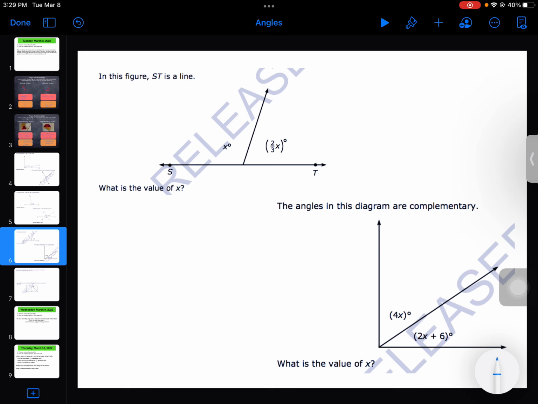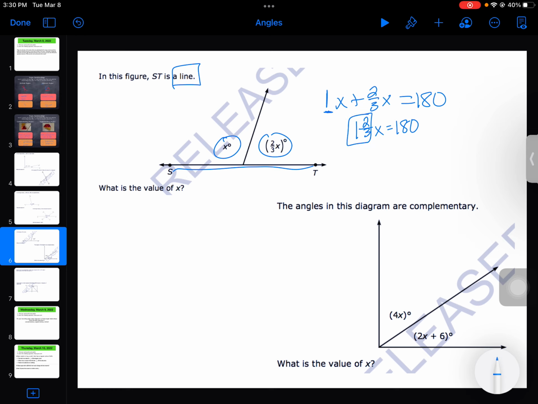For this next one, I see that this is a line. I know that that equals 180. That means that X plus 2/3 of X equals 180. So I know that in front of this X there is an invisible 1. So I know that 1 2/3 of X equals 180.